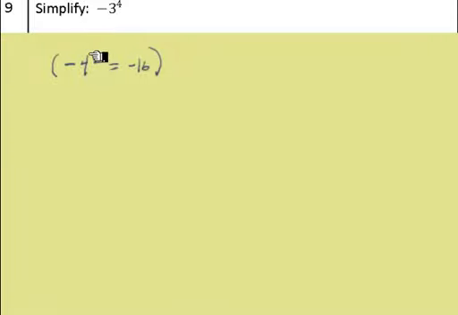So we learned in this example that we first exponentiate, and then we put the negative sign in front. So we're going to do the same here. Minus 3 to the 4th, we'll first calculate 3 to the 4th and keep the negative sign in front. 3 to the 4th is equal to 81. So this is negative 81.